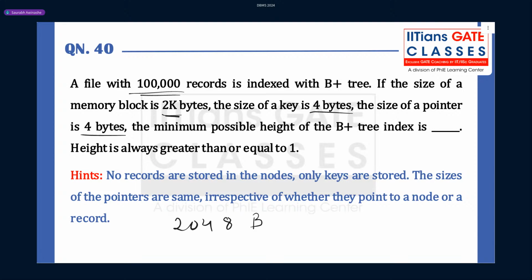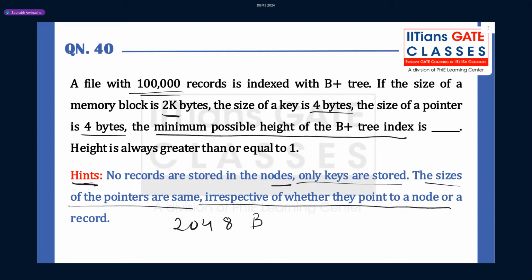We have to find the minimum possible height of the B plus tree index, the minimum height we can have. The hint they've given is no records are stored at the nodes. Only keys are stored. And the sizes of the pointers are the same, irrespective of whether they point to a node or a record.